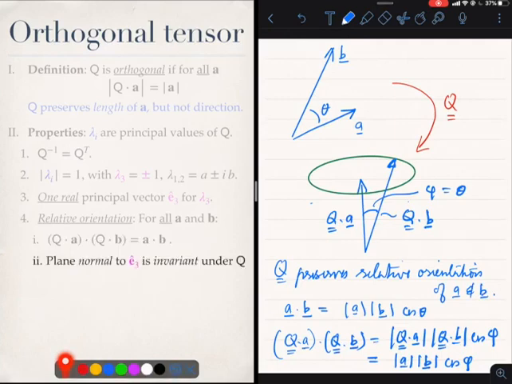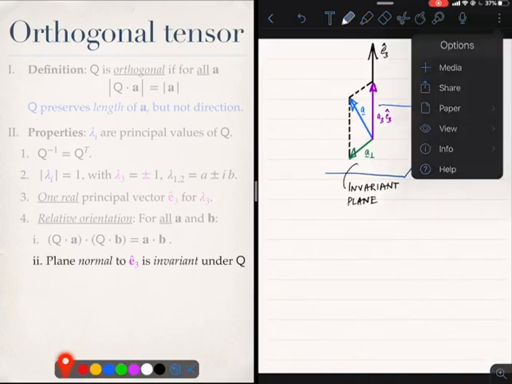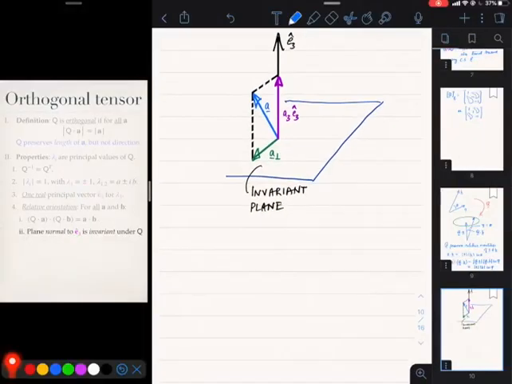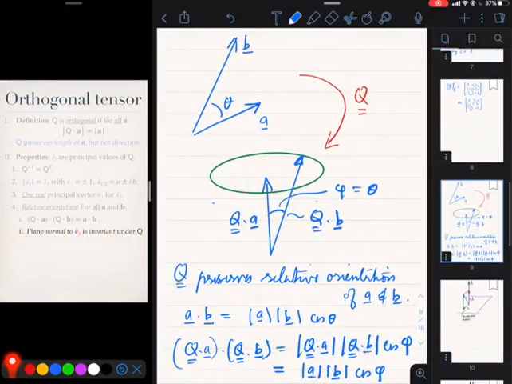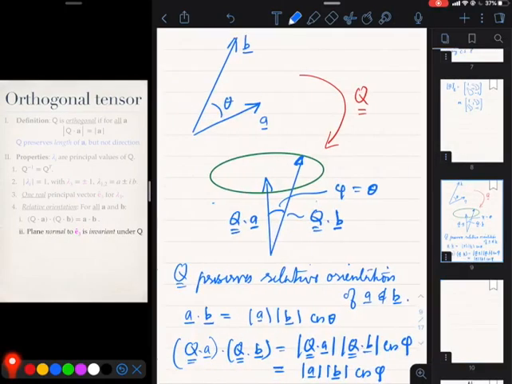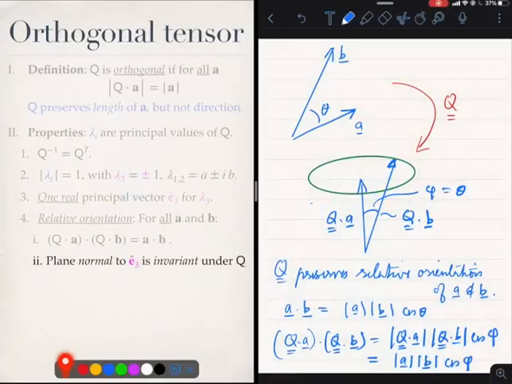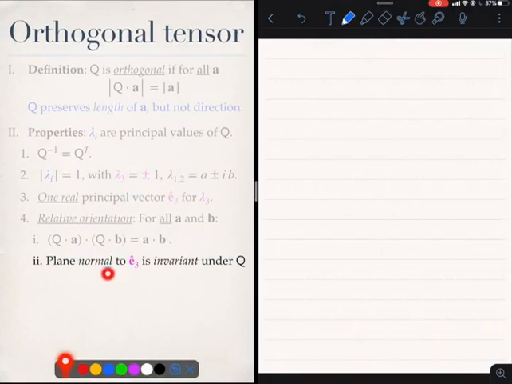The second property, I will need to add a page here. Okay. So the second property that I have is that the plane normal to the principal vector E3 is invariant under Q. What does that mean?